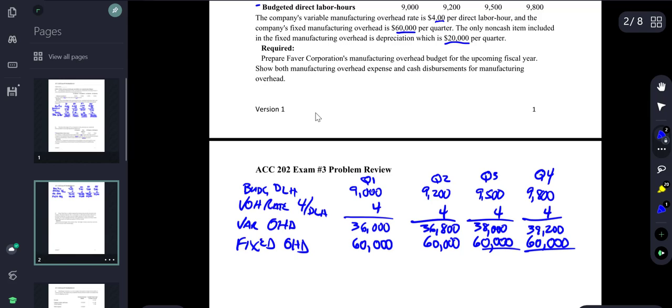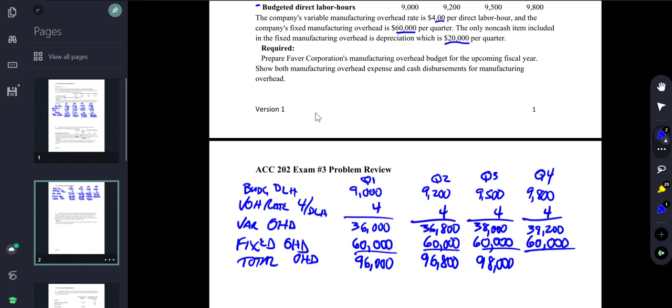So we have total overhead in the first quarter of $96,000. In the second quarter, it's $96,800. In the third quarter, it's $98,000. And in the fourth quarter, it's $99,200.